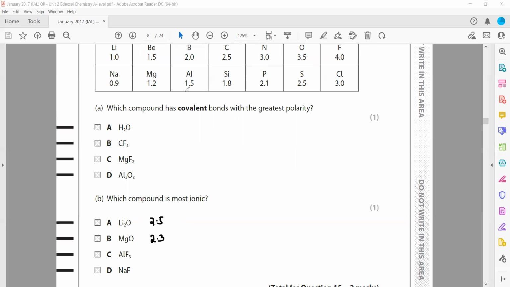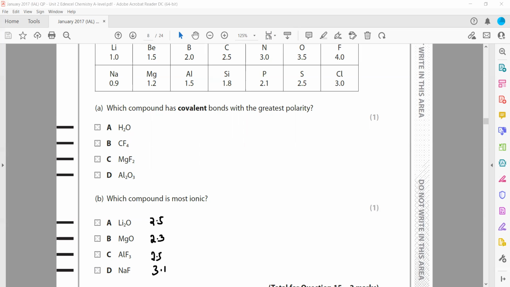Then aluminum fluoride, aluminum is 1.5, fluorine is 4, so when we subtract, it will be 2.5. And sodium fluoride, sodium is 0.9 and fluorine is 4, so it will be 3.1.